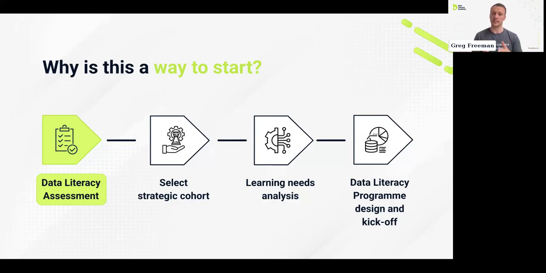But if what you need is the evidence to show that, then the assessment as a service or doing it yourself becomes a really sensible thing to do because it gives you a baseline. Either way, it isn't the only way to start. We've had tons and tons of programs that have not done the assessment. They've still been incredibly successful because they just knew that it was a problem that had to be solved. So yeah, it's a gateway to it, but it's not the only way, and probably not the most common one as we see it.